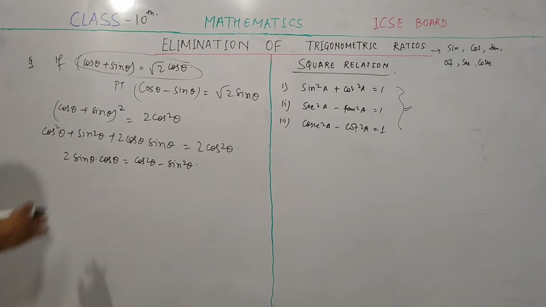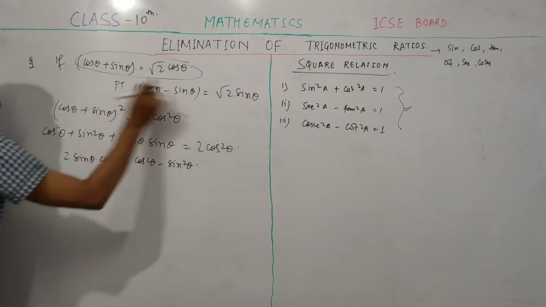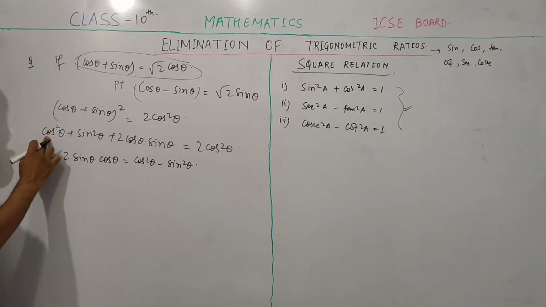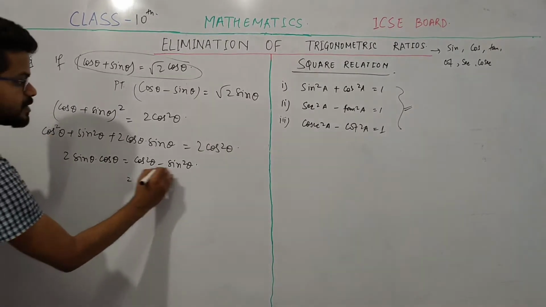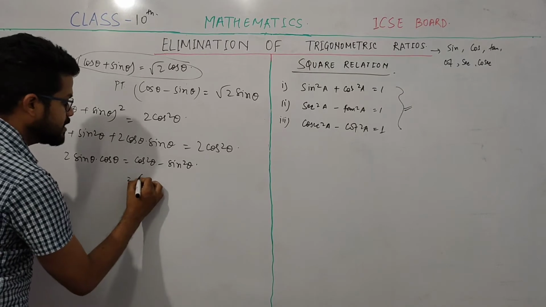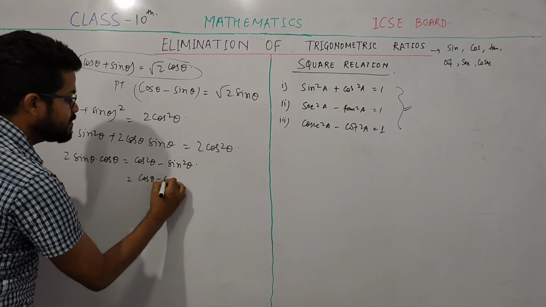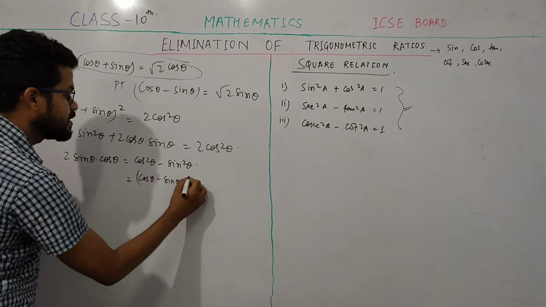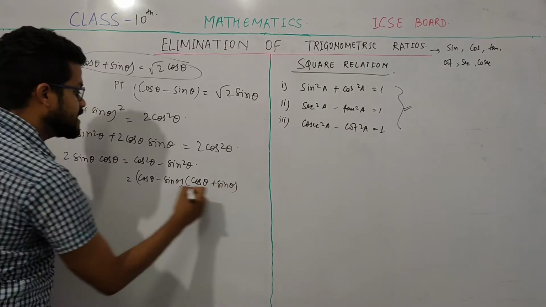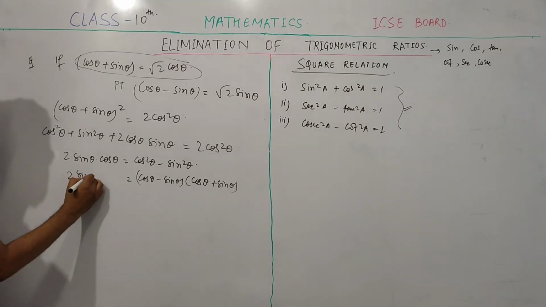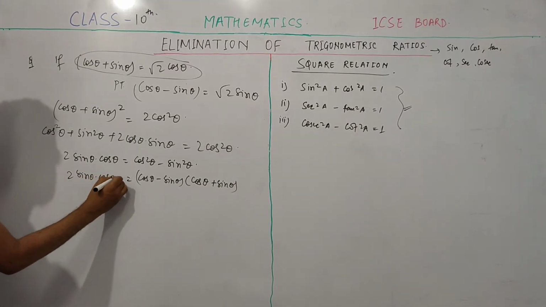I simply bring both of these to the right hand side. So this is cos square theta and this becomes minus sin square theta. Now this is cos square theta minus sin square theta, so I take it as a square minus b square, a minus b and a plus b. So I write here cos theta plus sin theta and cos theta minus sin theta, and this is 2 sin theta into cos theta.